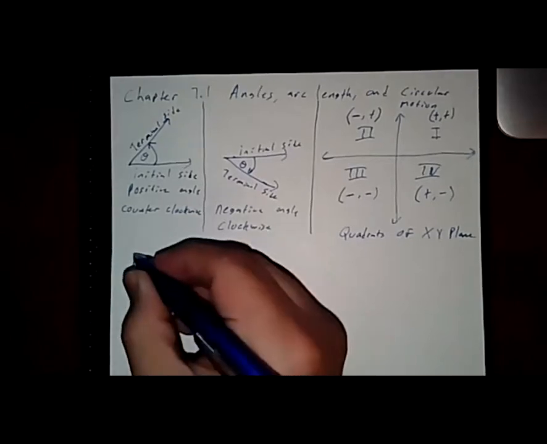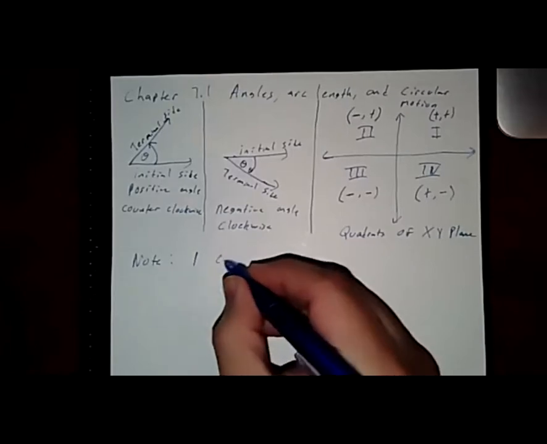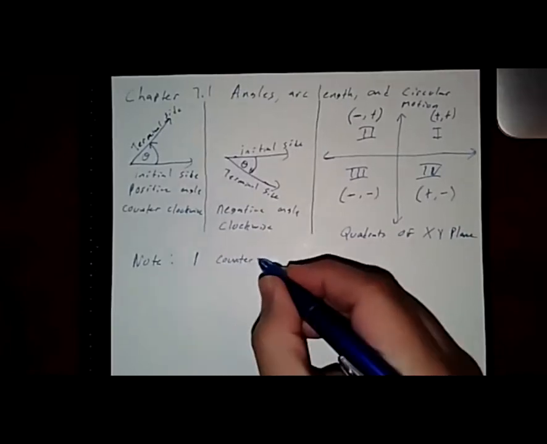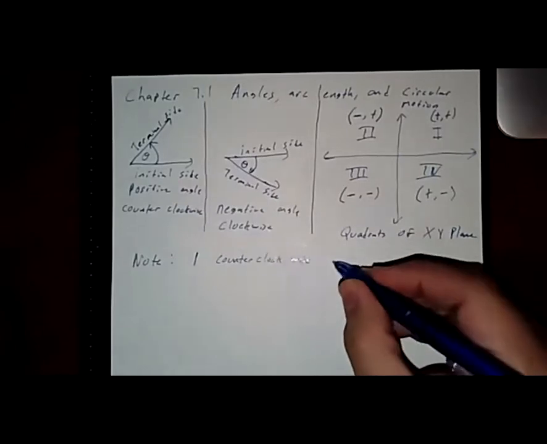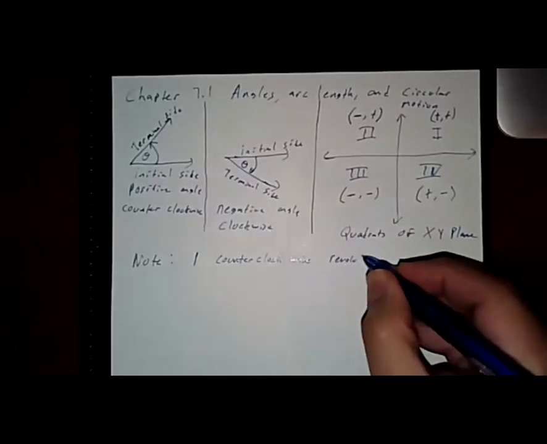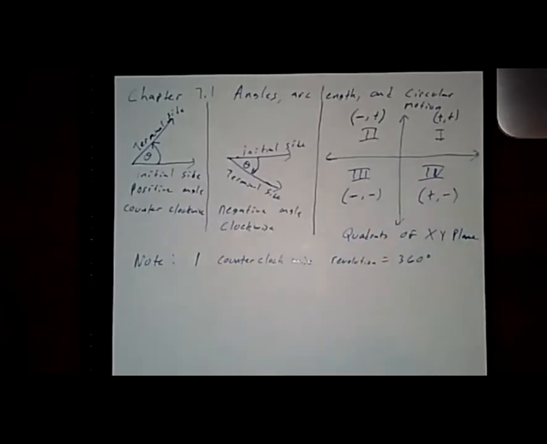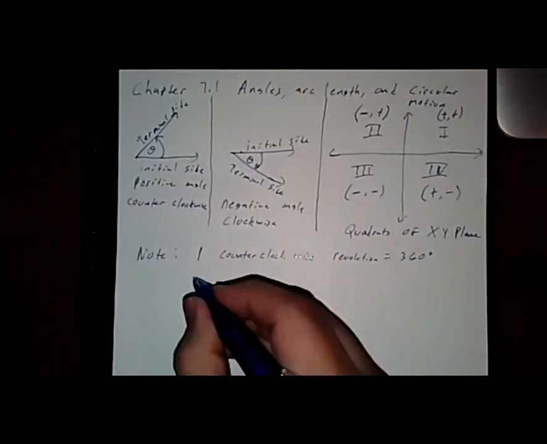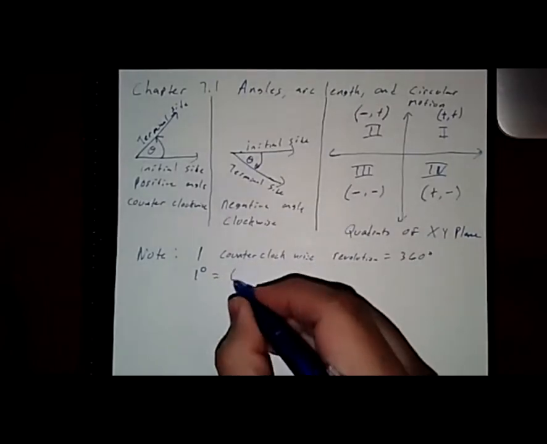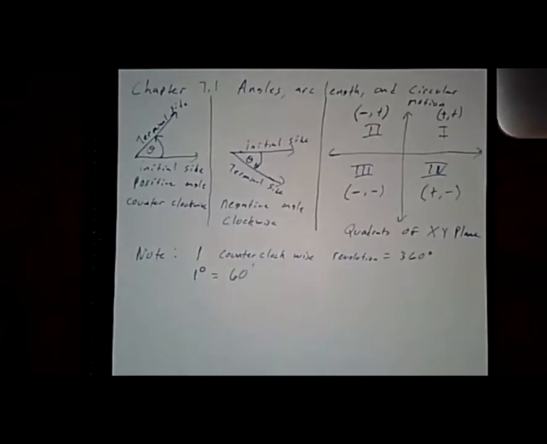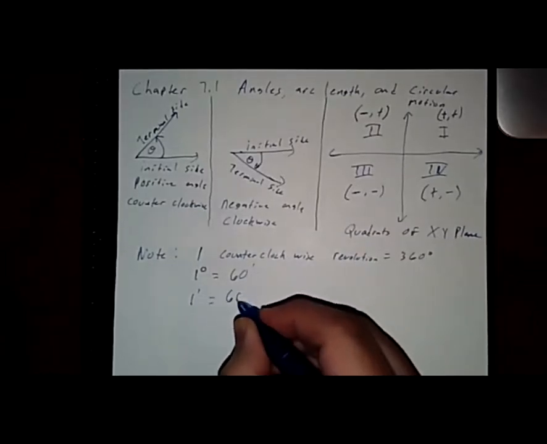So here's a note. This is going to be very handy for your homework. One counterclockwise revolution is equal to 360 degrees. 1 degree is equal to 60 minutes. 1 minute is equal to 60 seconds.